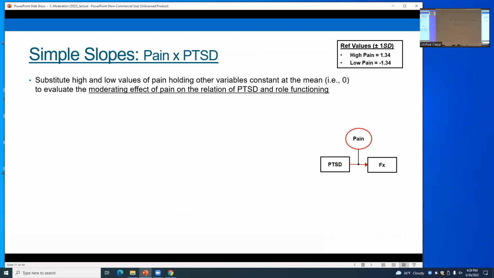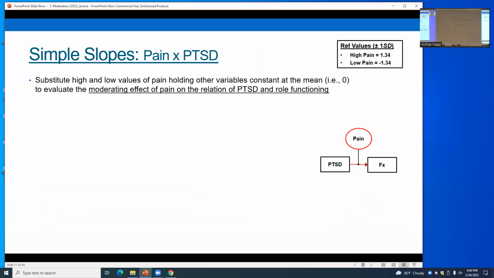By convention, for simple slopes, we're going to start with our continuous variable. So we're looking at pain impacting the association of PTSD and role functioning. Pain is a continuous variable. What do we choose as high and low values?